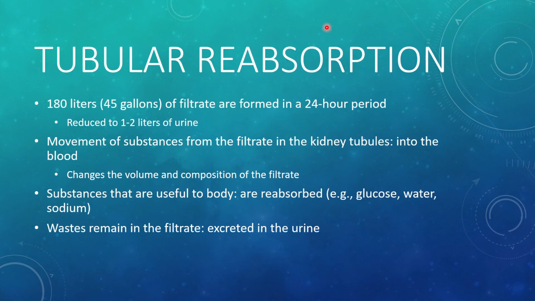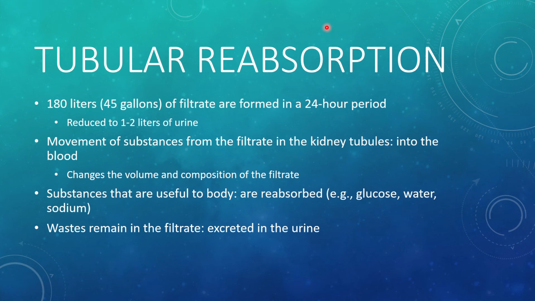Reabsorption. In about a 24-hour period, we filter approximately 180 liters, 45 gallons, of filtrate through our kidneys. This is where it starts to get interesting: we create 180 liters of filtrate every day, but we only urinate about 1 to 2 liters of urine per day.